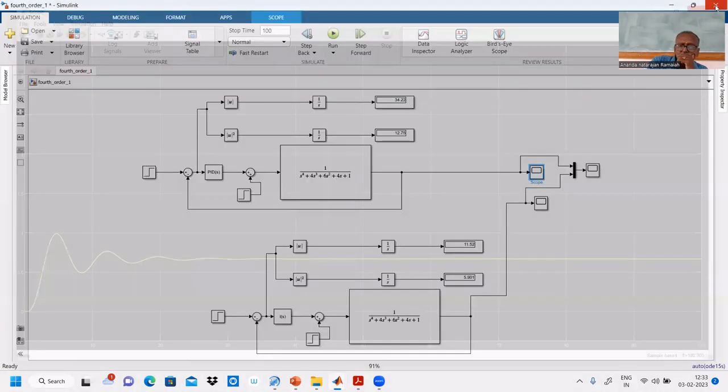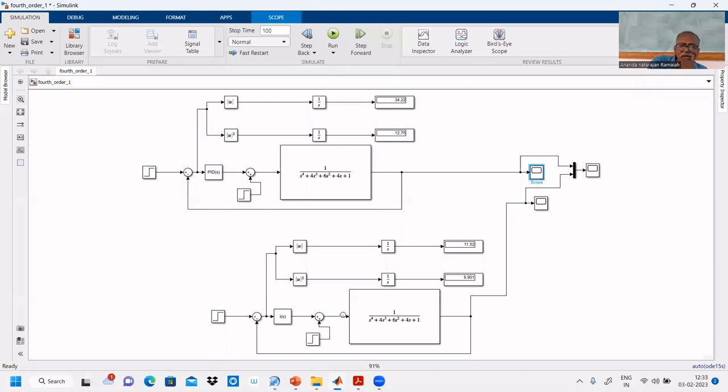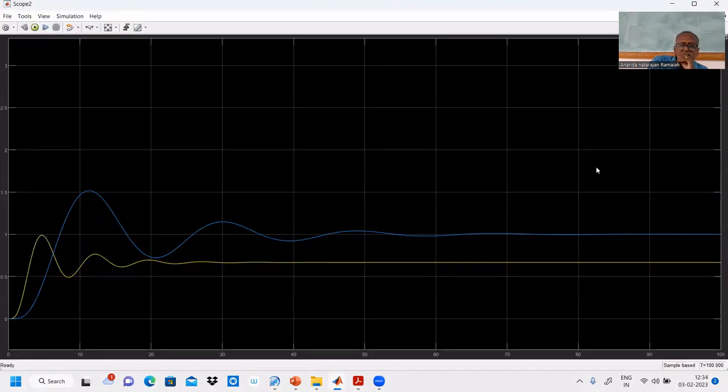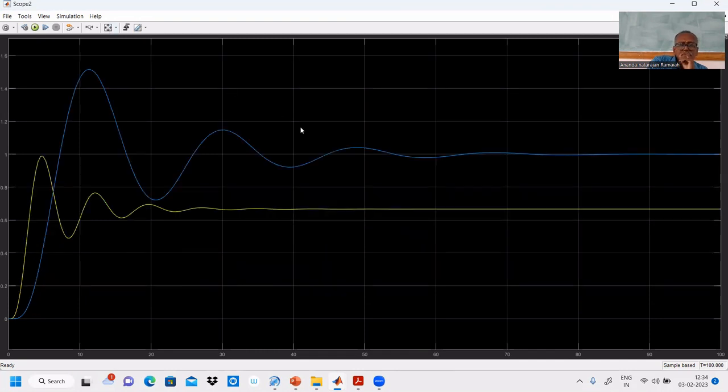If we compare these two, here we used only integral mode, no Kc. That's why we entered 1 by Ti only. In that case, if you compare these two responses, what is the difference? If you use integral mode, no steady state error.